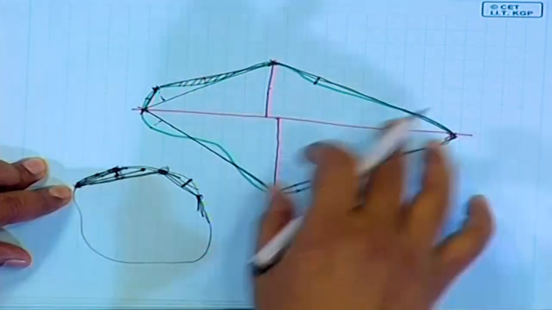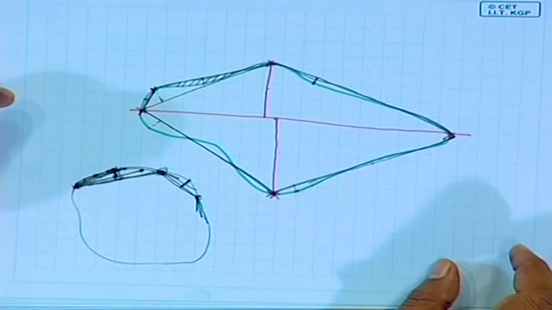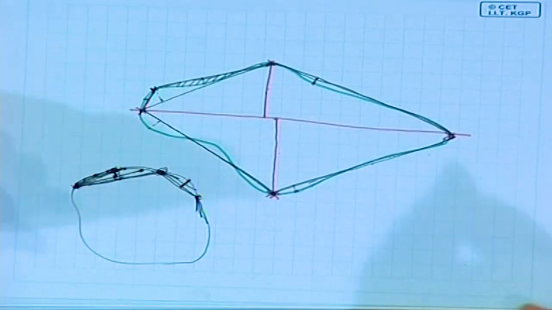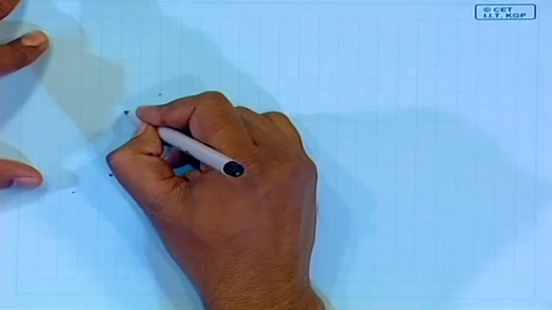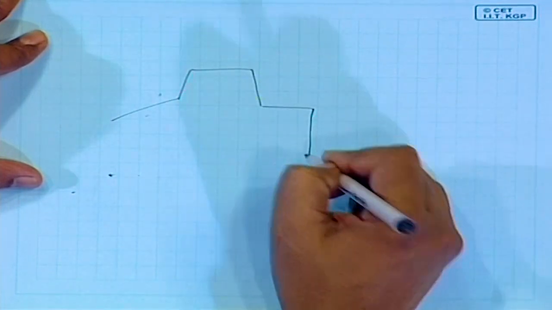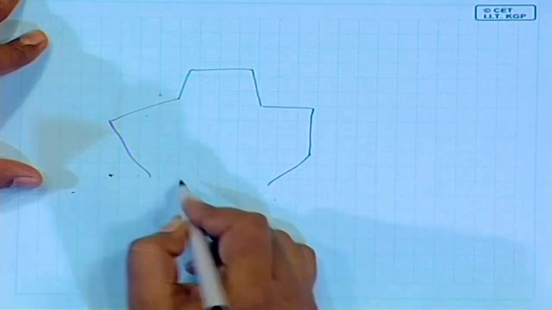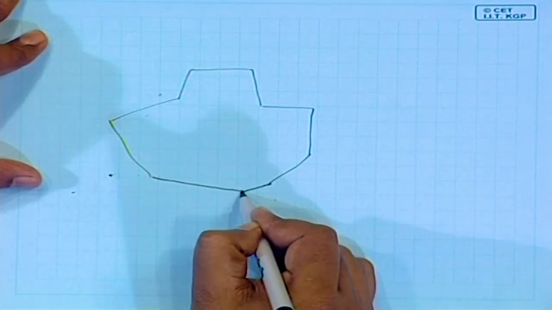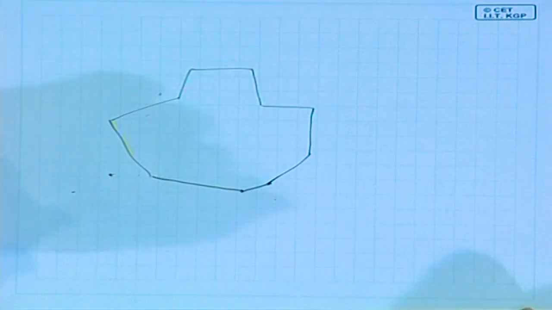Okay. So, there are different criteria functions which can be used for polygonal approximation of an arbitrary boundary. In following any of them, what I get is, given an arbitrary boundary, a polygonal approximation of the arbitrary boundary. So, suppose I have a polygon something like this, which represents an arbitrary boundary.